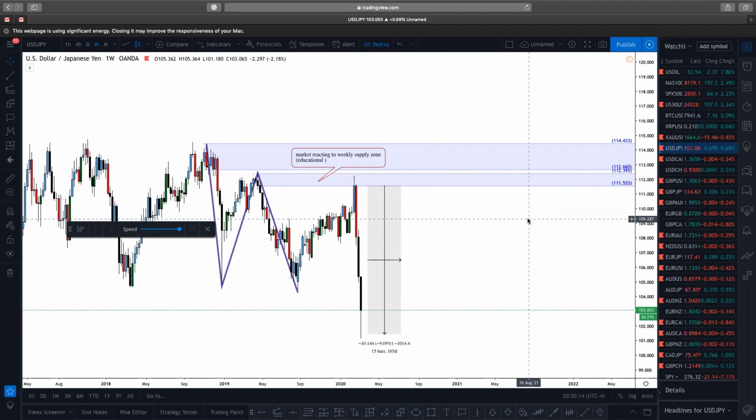Once the market retraces to demand, you buy. You don't think, you buy. Once it follows the rules, that's what we mean by mechanical, meaning that a robot could do it, right? Even if it doesn't look good, did it follow the rules? Yes. So you take the trade.